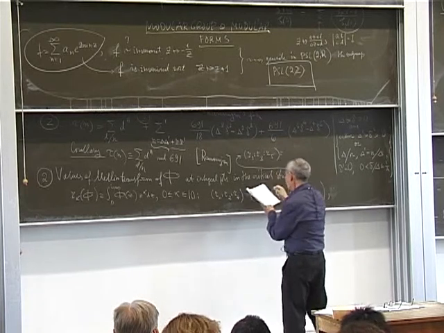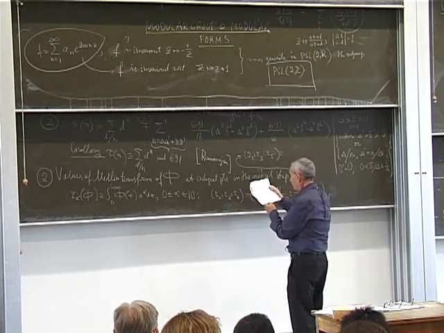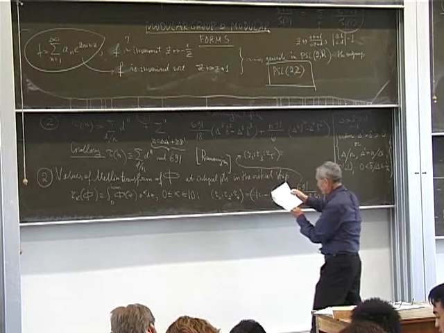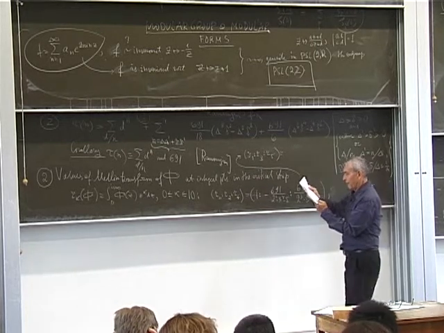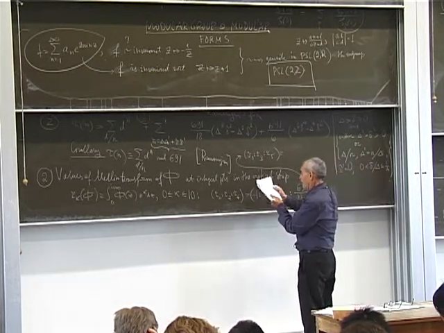And of course, you have a functional equation which allows you to pass from one half of the critical strip to another half.